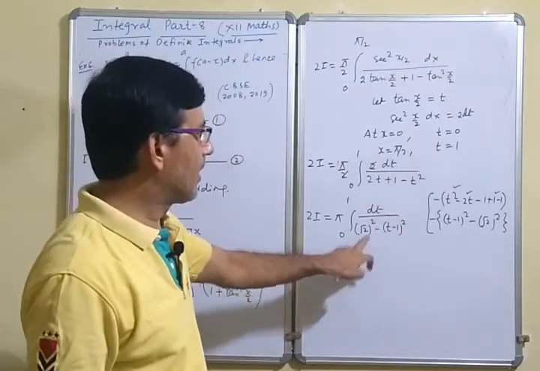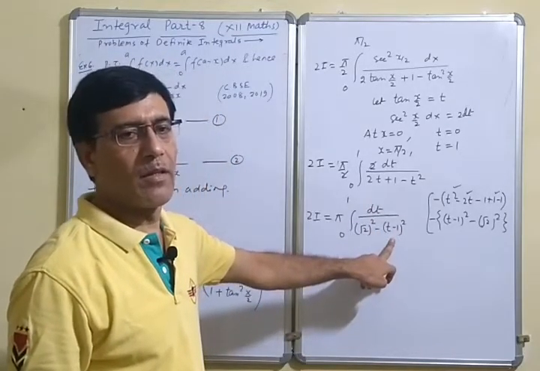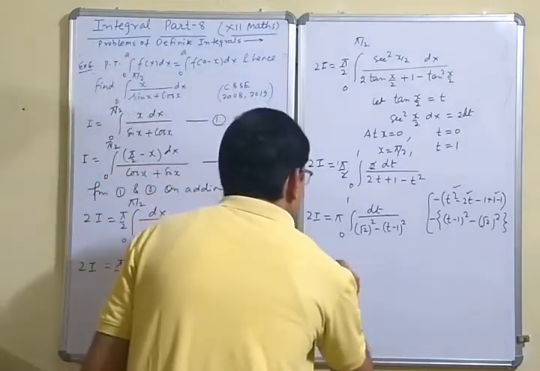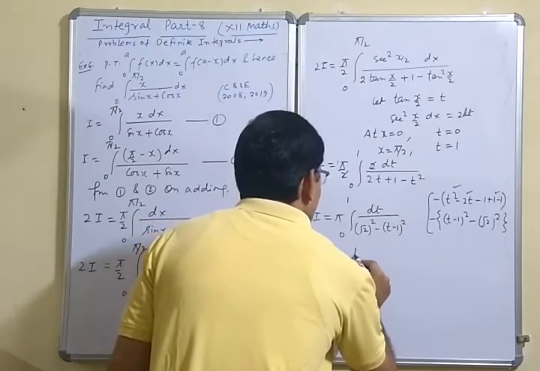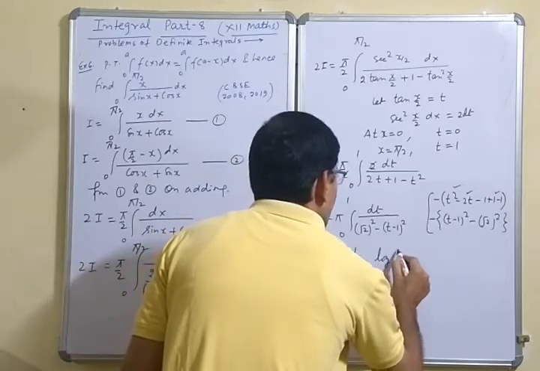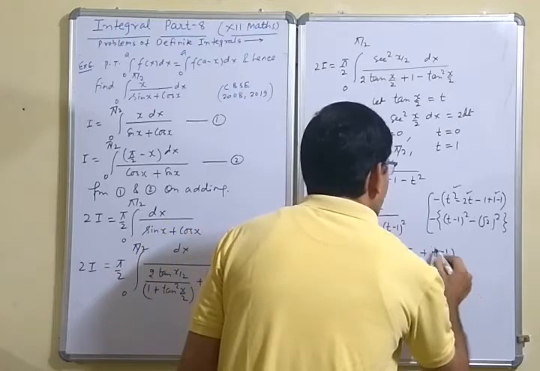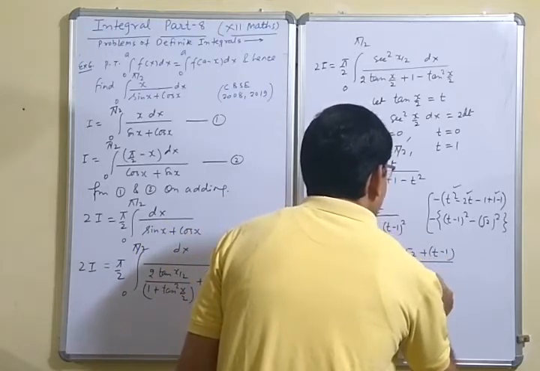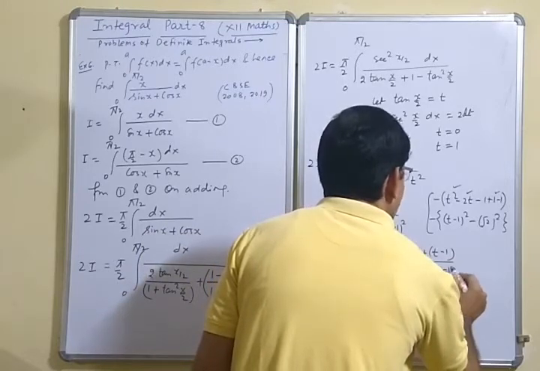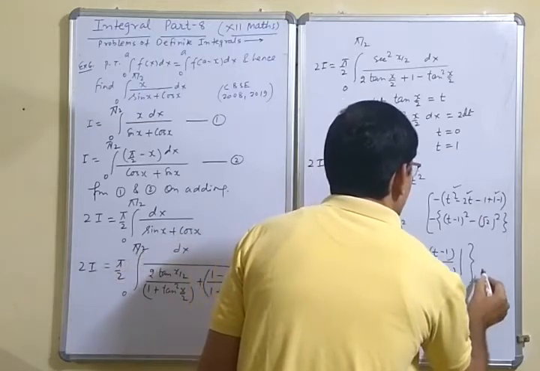This is in the form of dx upon a square minus x square, so the integral becomes 1 upon 2a log of a plus x upon a minus x. So this is pi times 1 upon 2 root 2 log of root 2 plus t minus 1 divided by root 2 minus t minus 1. Now take the limit from 0 to 1.